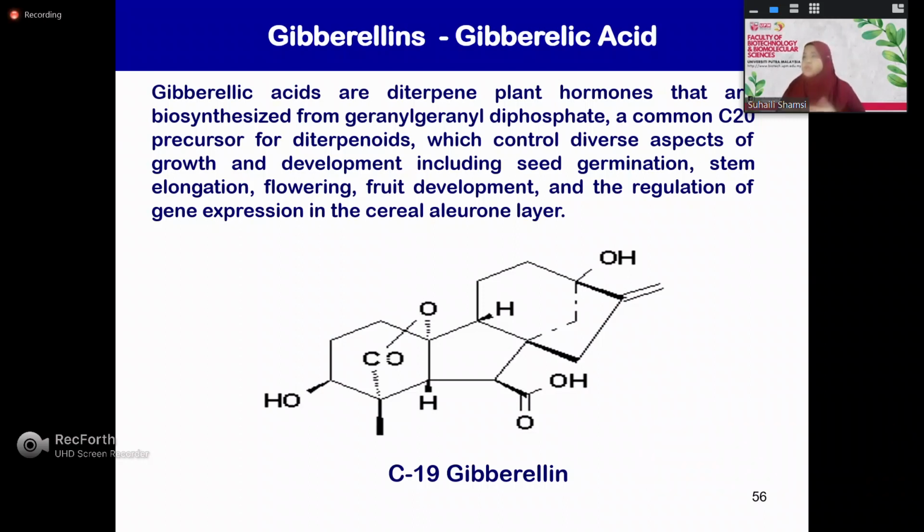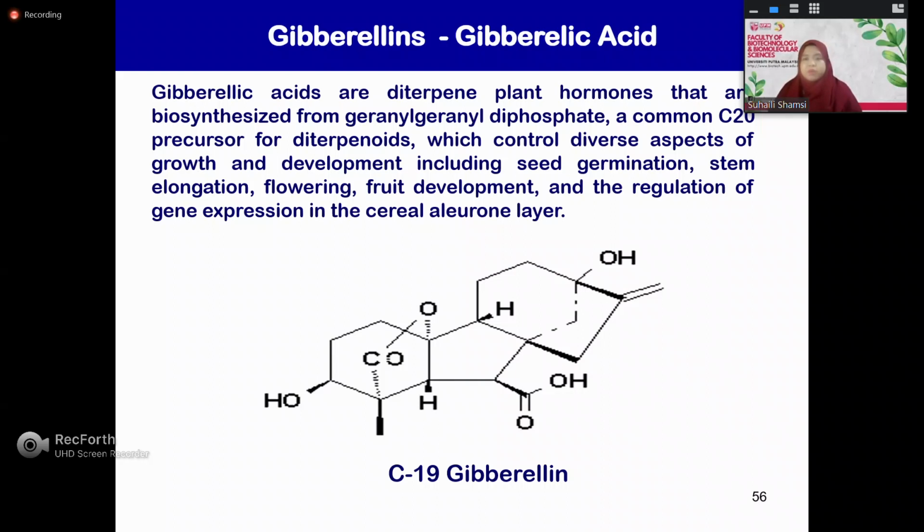From terpene, biosynthesized from geranyl diphosphate, a common C20 precursor for diterpenoids, and it affects diverse aspects of growth and development, which include pollination, and it also works together with auxin, controlling stem elongation, flowering, fruit development, and the regulation of gene expression in the cereal aleurone layer.